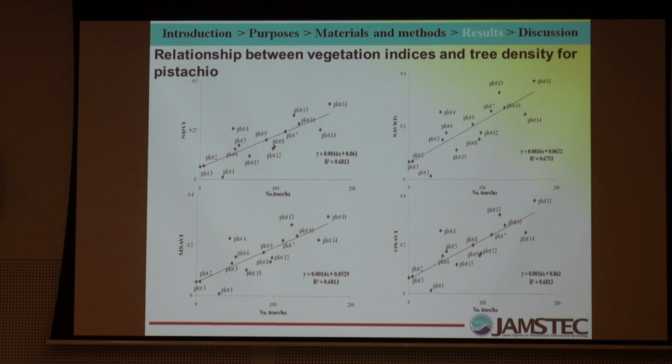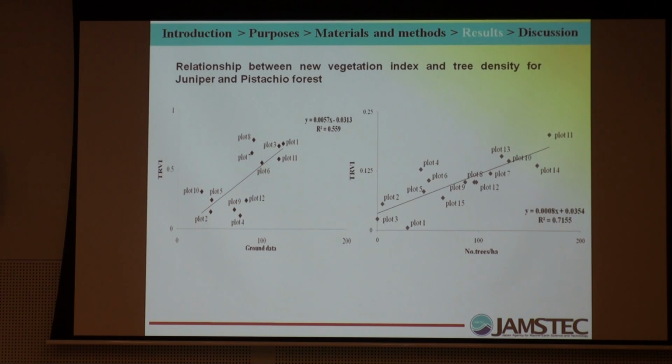For the pistachio, we estimate these conventional vegetation indices, with the number of pistachio trees in the subsample plot on the x-axis. You can see that for this forest, R square is the same for all of the vegetation indices.